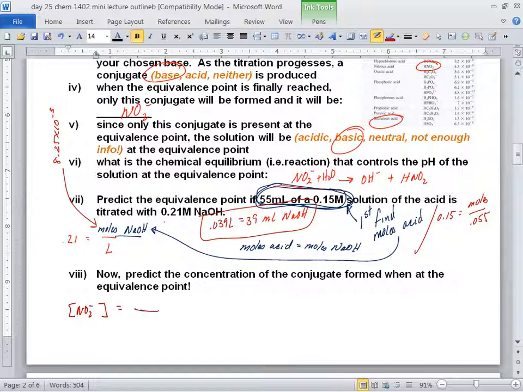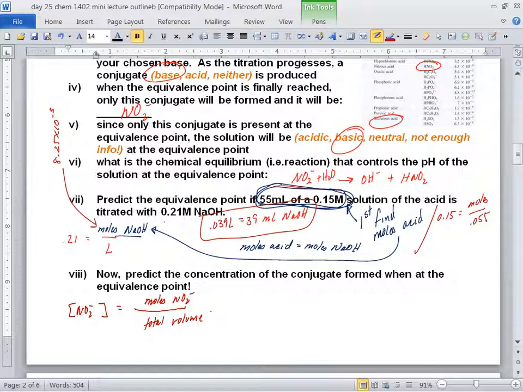Okay. So you have the concentration of anything. That's what over what? Moles over liters. And I'm going to write the word total volume because we're adding this NaOH the whole time.